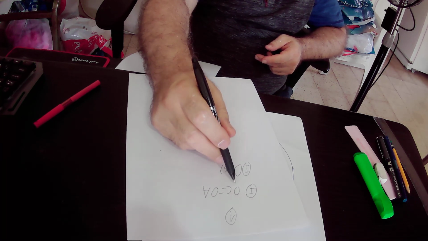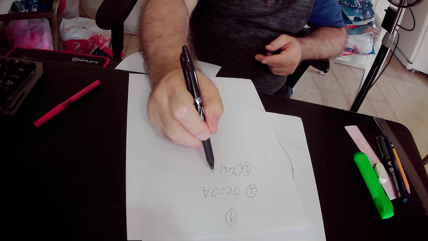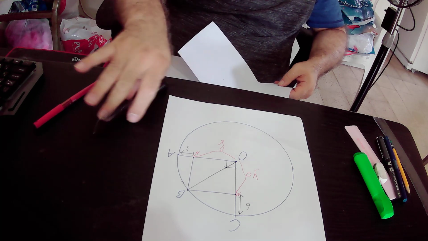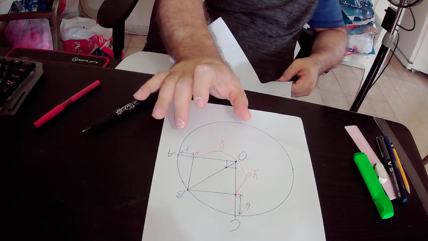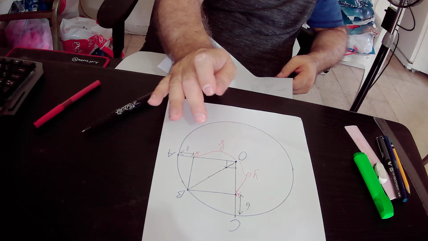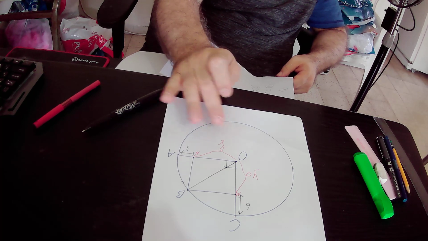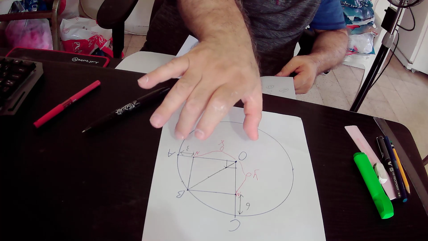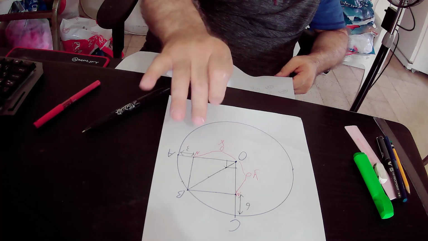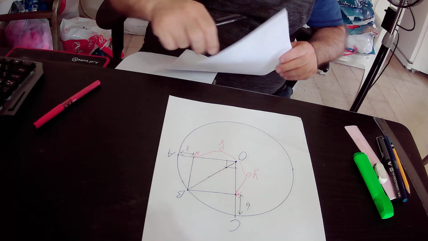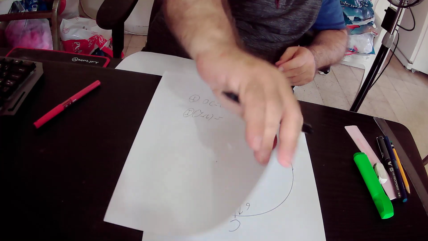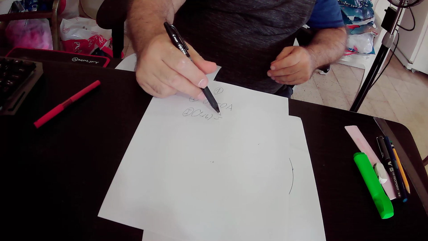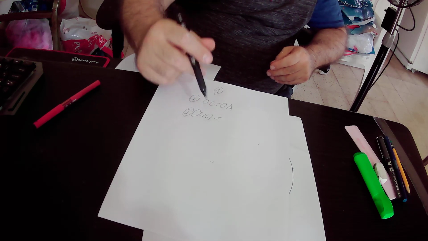And line segment OA equals the radius of this circle, but it also equals X plus 3. So we can substitute OA in the first equation by X plus 3.